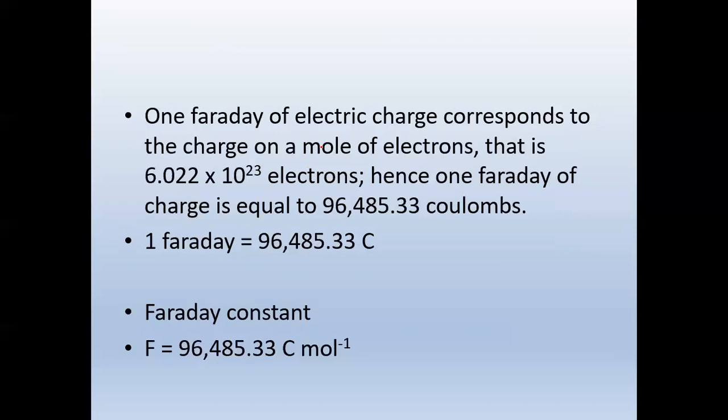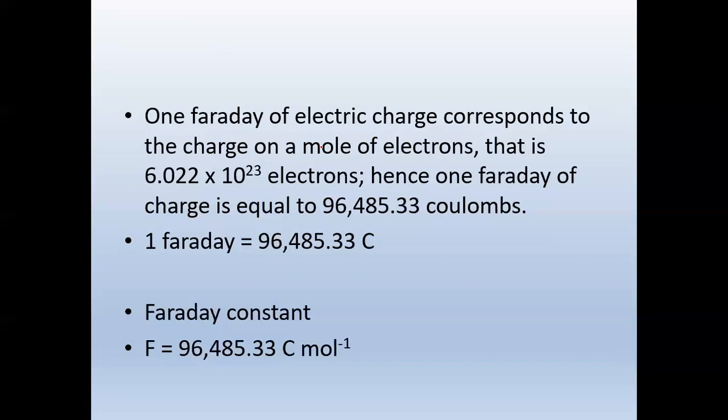Hence 1 Faraday charge will be equal to 96,485, or approximately 96,500 coulombs. So the Faraday's constant can be written as 96,485.33 coulomb per mole, or we can also write it as 96,500. This is how you need to remember the Faraday's constant.